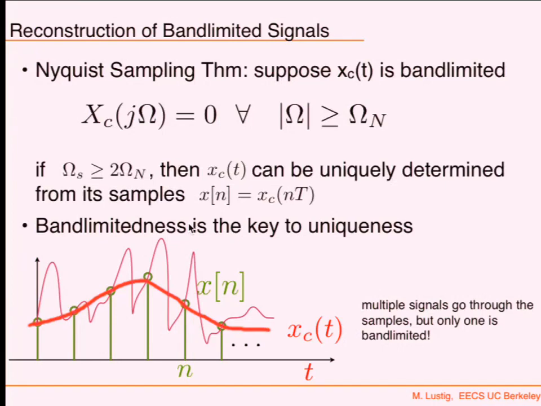As it turns out, the only real one is the band-limited one. The band limit is the key to this uniqueness. If you don't constrain it to be band limited, you don't have uniqueness, because those other signals have a much higher extent in the frequency domain. Hence, they're not the right one.